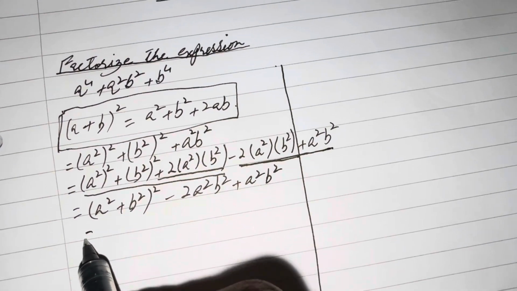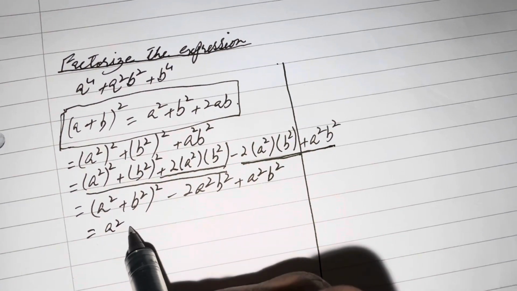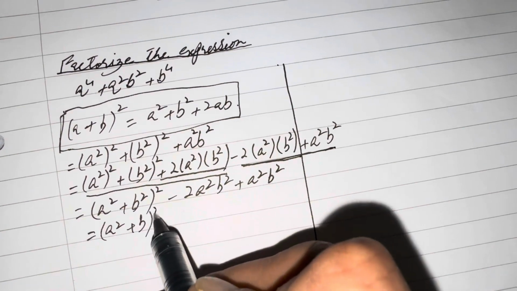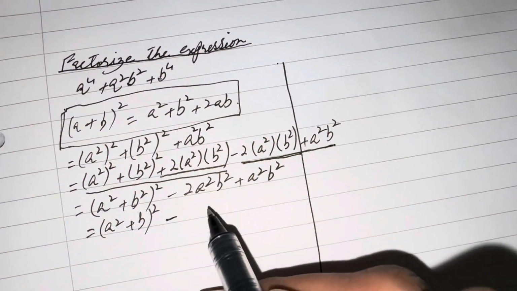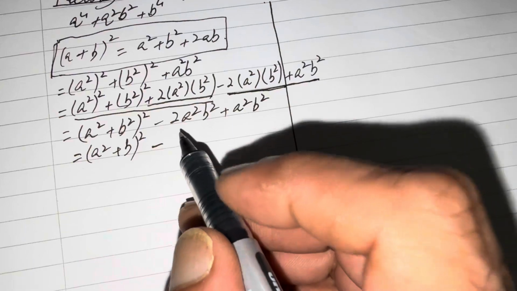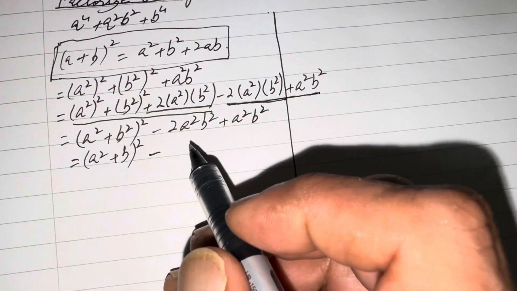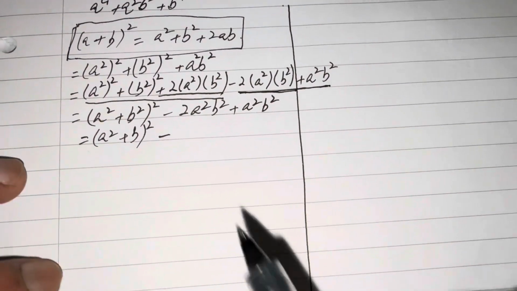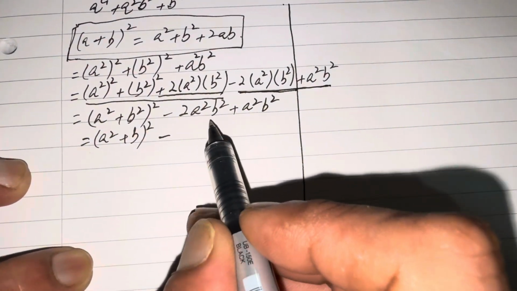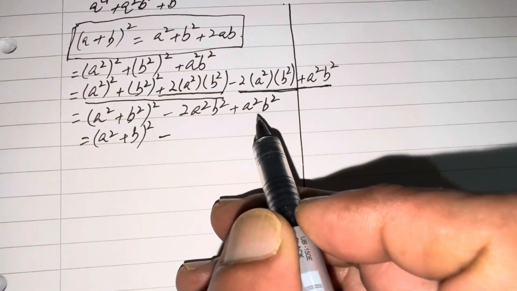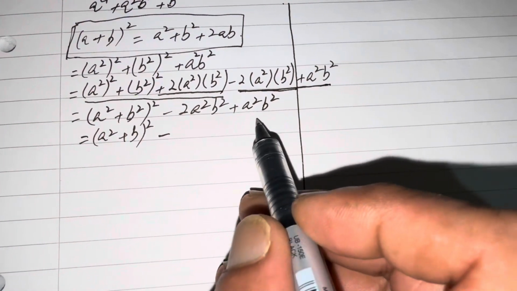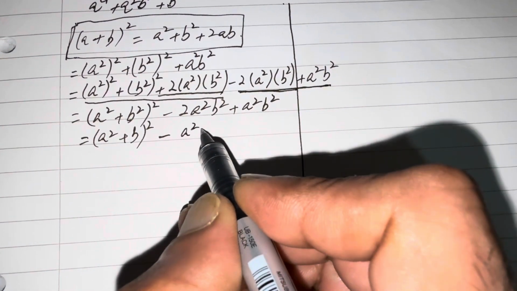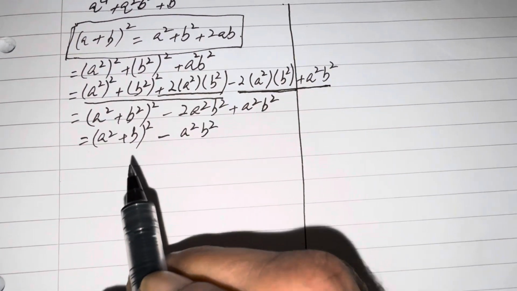So if you see a square plus b square, it has already become a complete square. Then minus 2a square b square and plus a square b square, one will be subtracted from the other, and the answer will be a square b square.